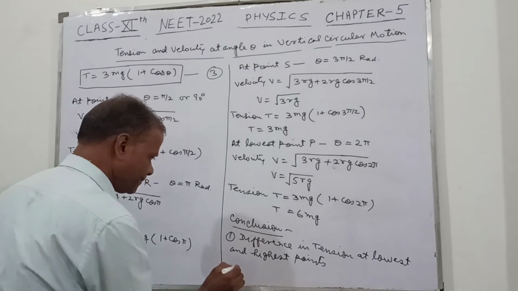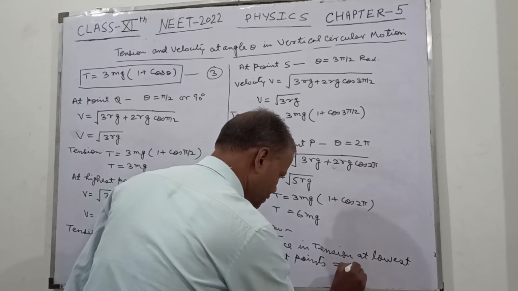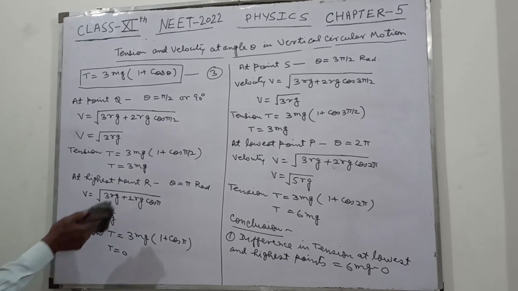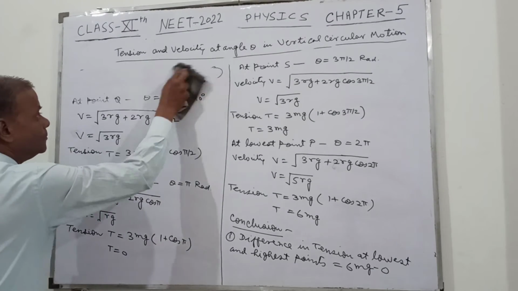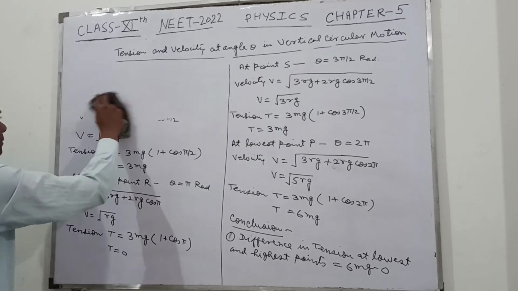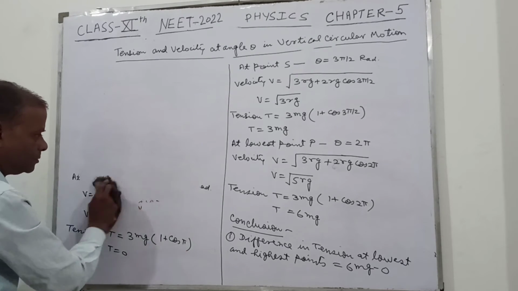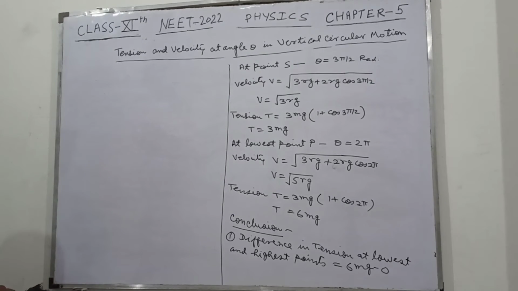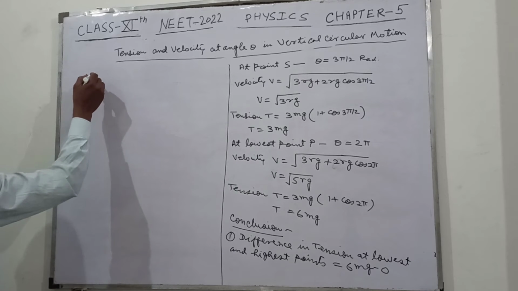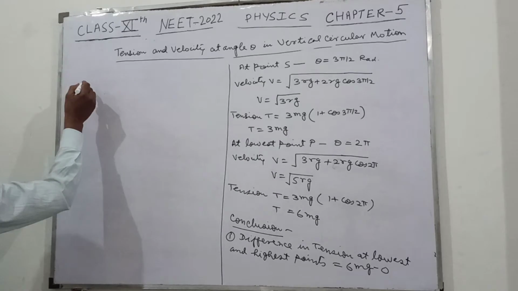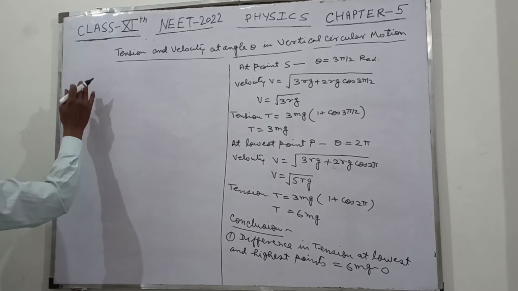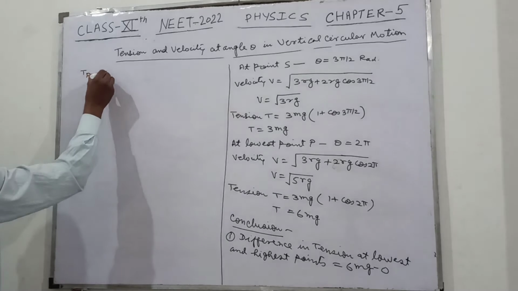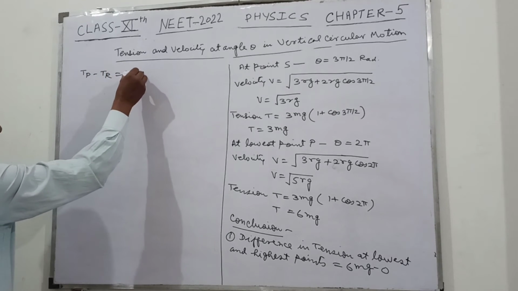Now this will be how much? This is equal to 6 mg minus 0. So this is T P minus T R. This is equal to 6 mg.